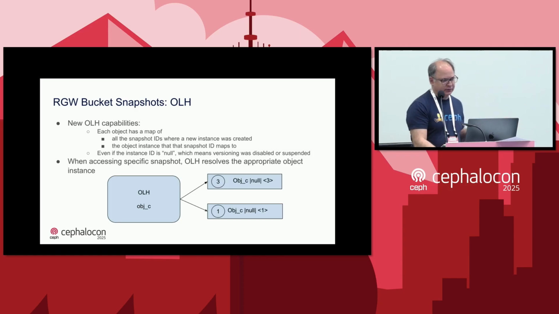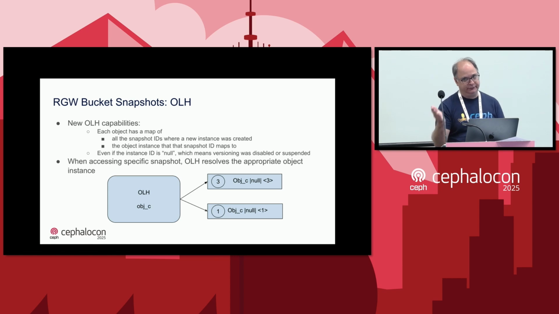The bucket snapshots feature in RGW modifies the OLH in a way that gives it new capabilities so that we can track all the snapshots where the object exists. So it's not just pointing at the latest one, it basically points at every latest instance in any snapshot that it was created, not any snapshot.